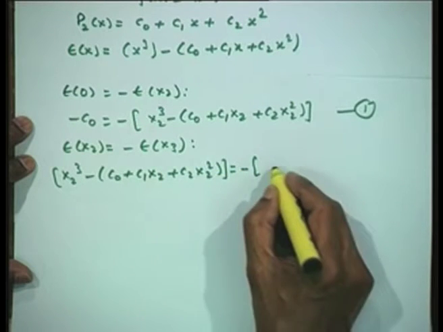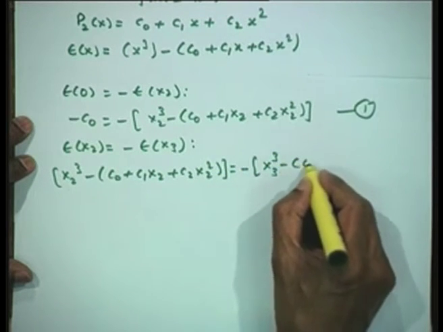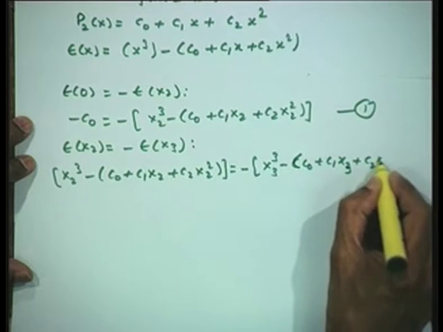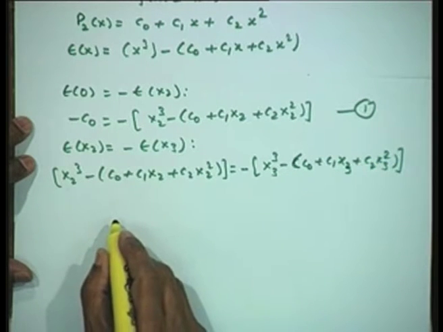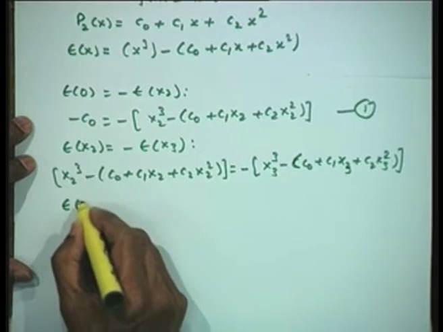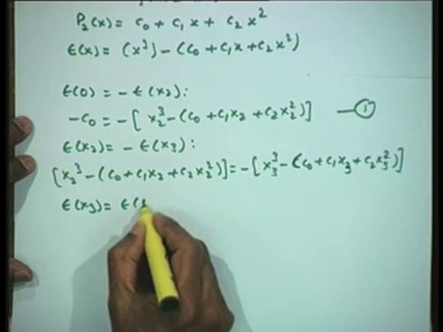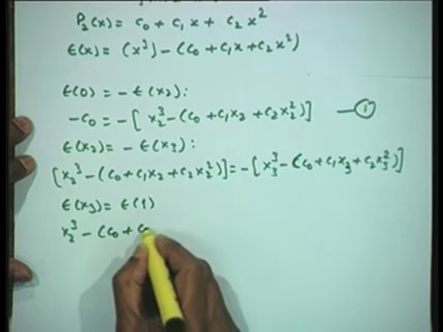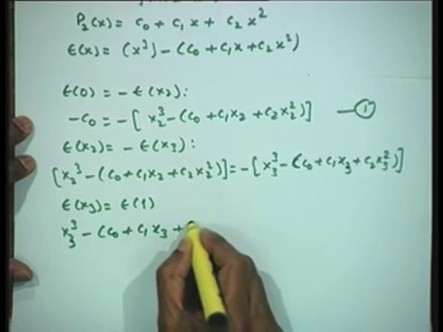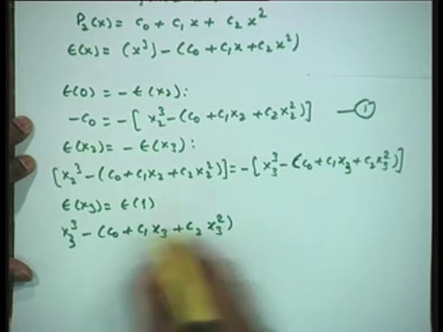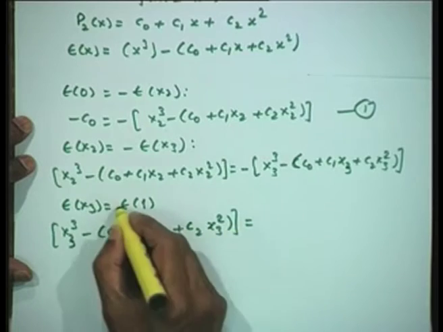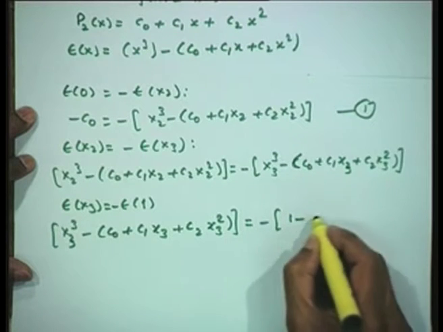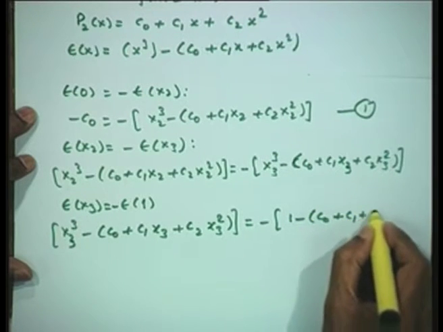This is at x 3, we will have x 3 cubed minus c naught plus c 1 x 3 plus c 2 x 3 square, and the third equation reads epsilon x 3 is epsilon 1, that is x 3 cubed minus c naught plus c 1 x 3 plus c 2 x 3 squared is minus of, substitute x is equal to 1, I will get here 1 minus c naught plus c 1 plus c 2.